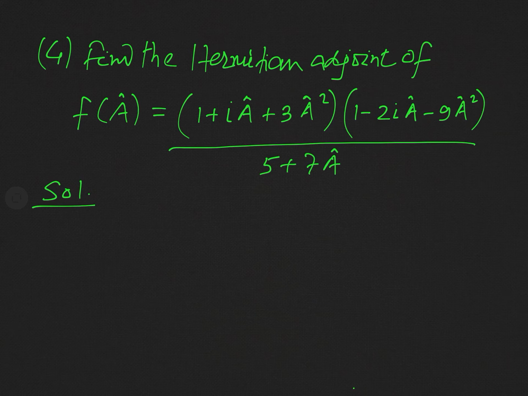Since the Hermitian adjoint of an operator function, how do we define it?